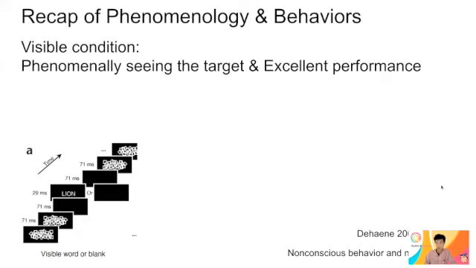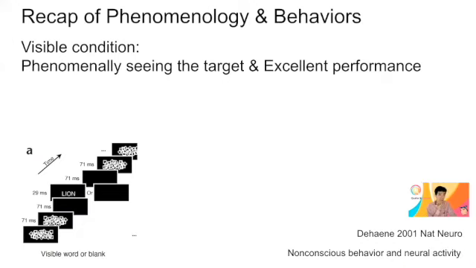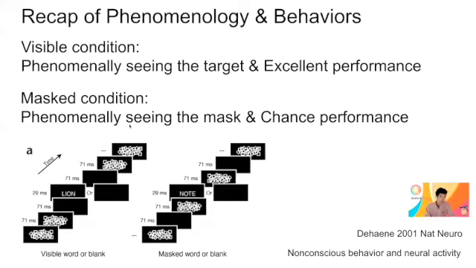All right. So again, the Dehaene paradigm of the phenomenology and the behaviors. Under the visible conditions, because of the presence of the blank mask just before and after the target, phenomenally it is totally visible, and performance is excellent in terms of word recognition or memory. When you see it, basically you can do whatever with it. On the other hand, under the masked condition, phenomenally, it just becomes invisible.